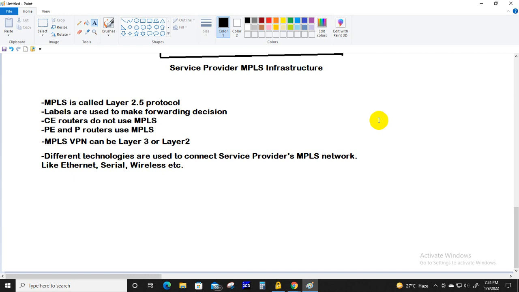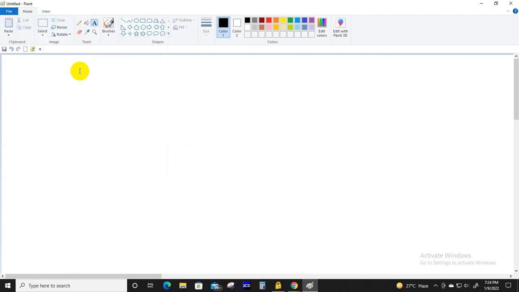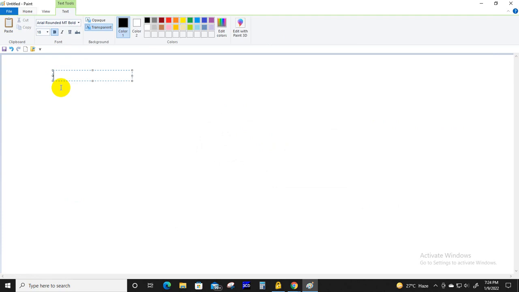Now, let us discuss different types of internet connections. Like leased line is a type.